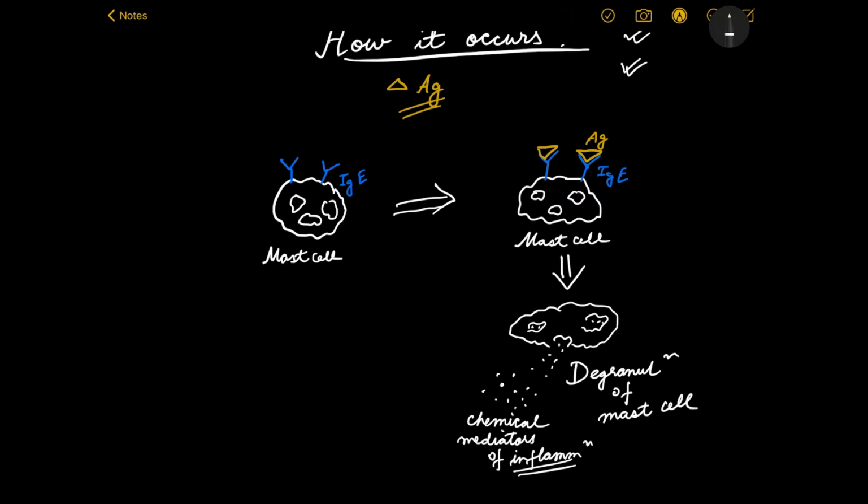Since this entire thing is happening in the airway, the bronchioles, it leads to an inflammatory reaction in the airway region, and this leads to a type 1 hypersensitivity reaction, which is asthma. Very roughly speaking, this is how this inflammatory reaction we call asthma comes about.